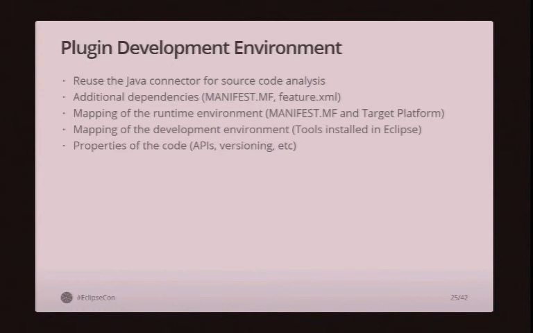So Checkstyle configuration, the configuration of the formatter, what kind of severity you are using for your errors with the PDE or the JDT. All this information will be harvested. We will also attach other kinds of properties to the code. Using exported packages from the manifest, we will be able to compute APIs and attach a proper versioning to the information computed.